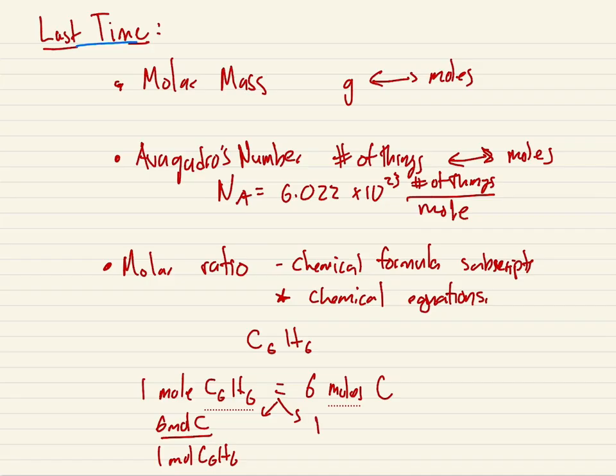The inverse of this, right? 1 mole C6H6 over 6 moles C. Right, which conversion factor we use always just depends on which direction we're going, right? If we want to end with units of moles of C6H6, which one would we use? The right or the left?